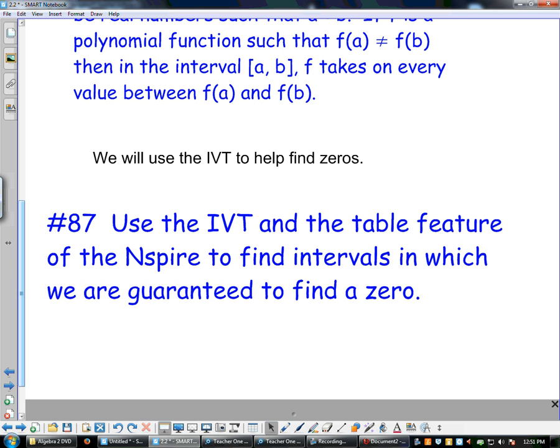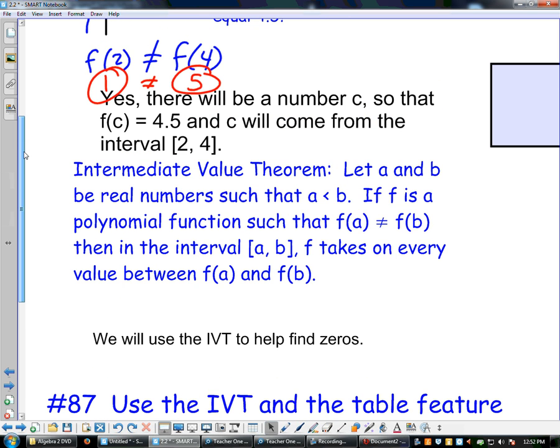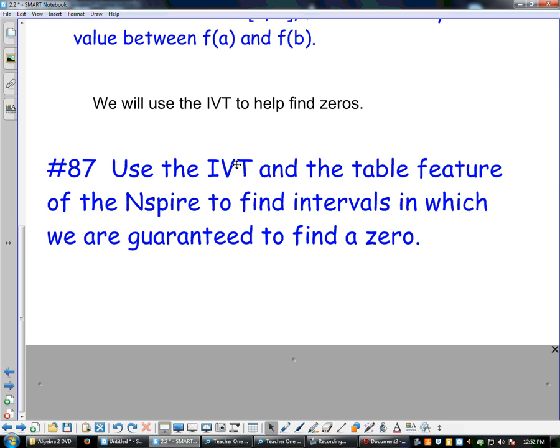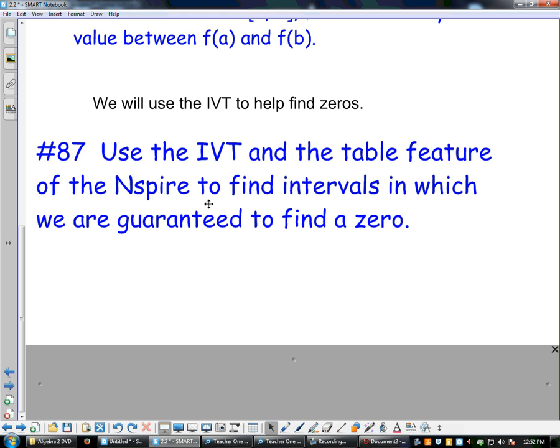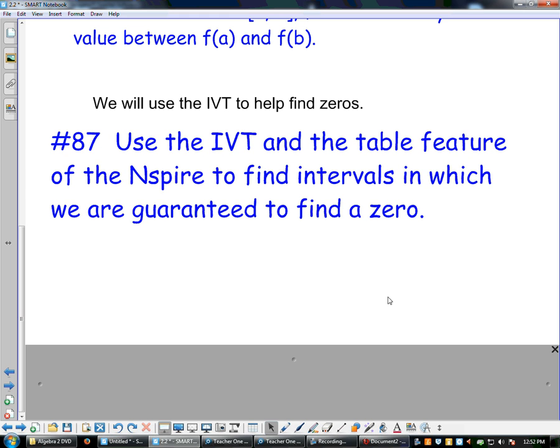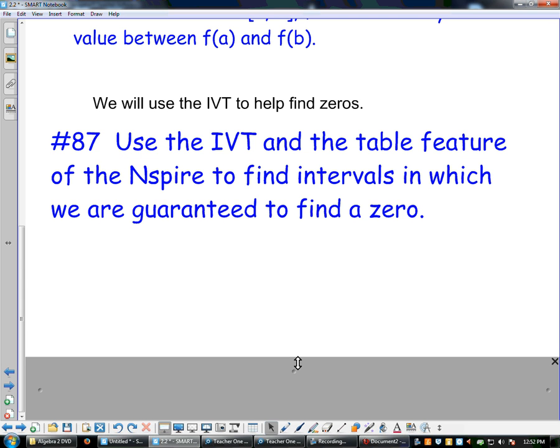So take a look at IVT, intermediate value theorem. Use the intermediate value theorem and the table feature of the Inspire to find intervals in which we are guaranteed to find a zero. So we're looking at number 87 together from 2.2, and the function says use the intermediate value theorem and the table feature to find intervals.